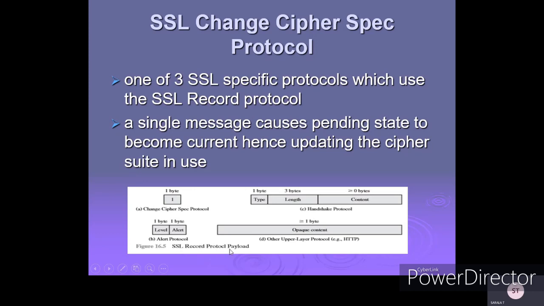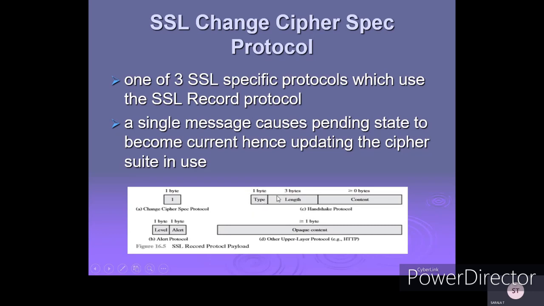SSL record protocol payload representation is, change cipher spec will be having only 1 byte representation. Alert protocol will be having 2 bytes, one related to level and one related to the alert message. And handshake protocol will be having the content and length of data transmission and the type of the data we are transmitting.